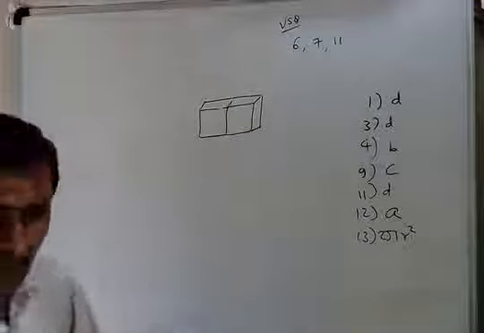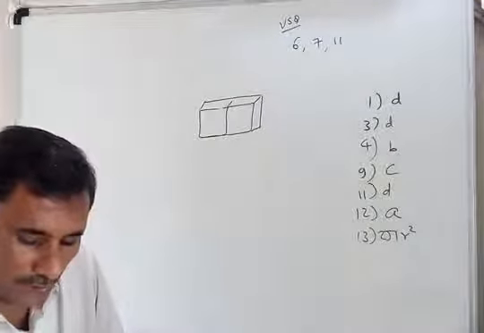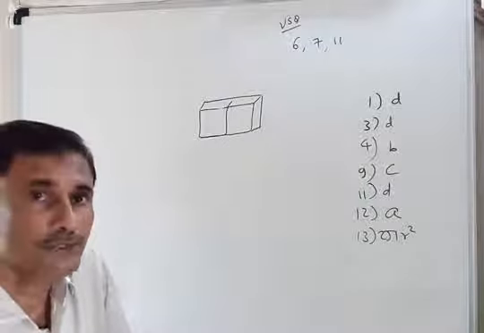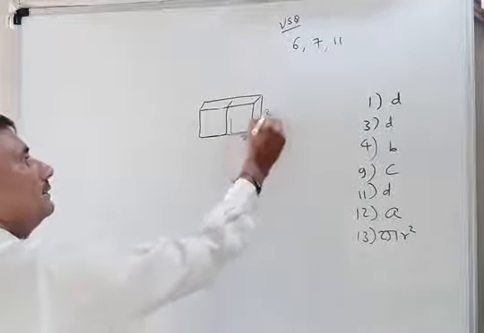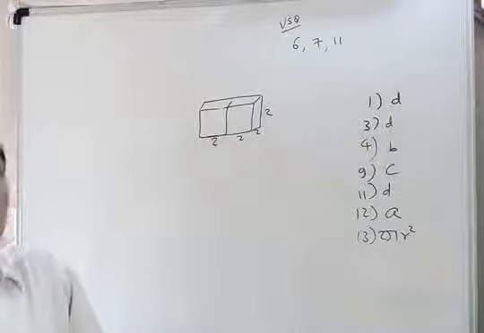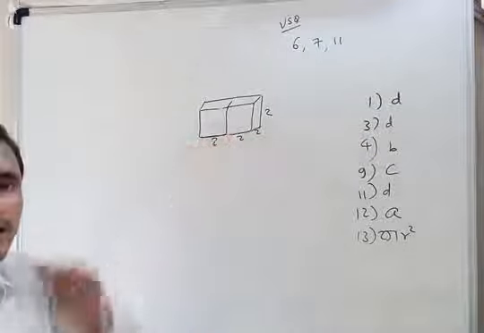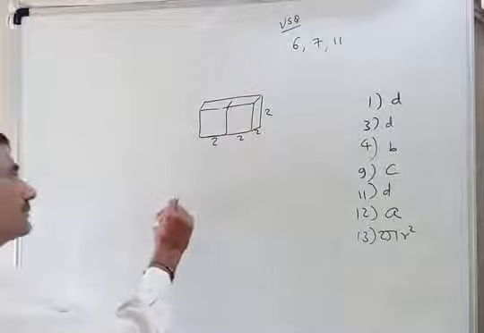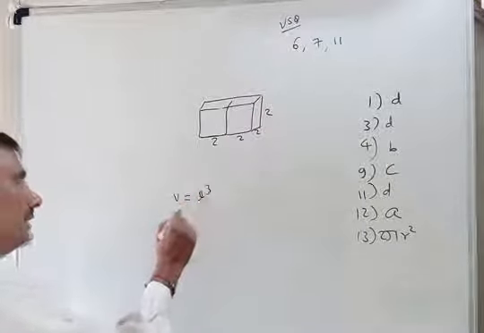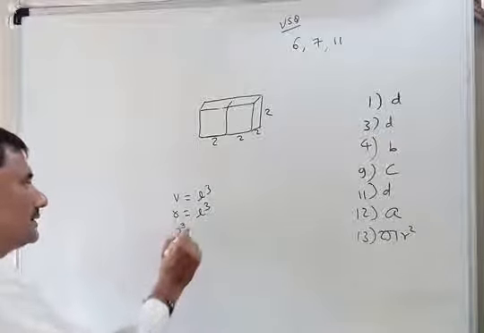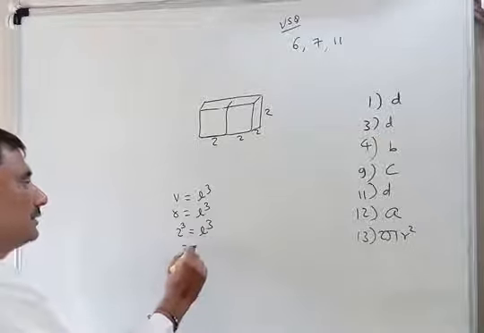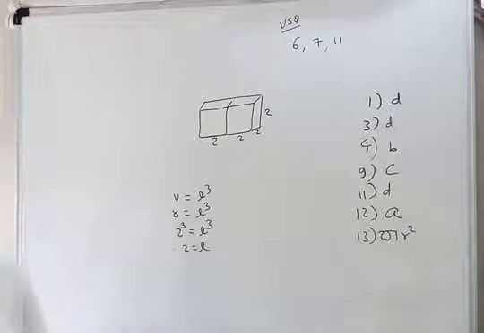Okay. Now, they have given volume of cube. If volume is 8, then length becomes 2 only, of both cubes. Why length becomes 2? Because volume is equal to L cube. If 8 is given here, then obviously 2 cube is equal to L cube. So 2 equal to L, means take cube root.